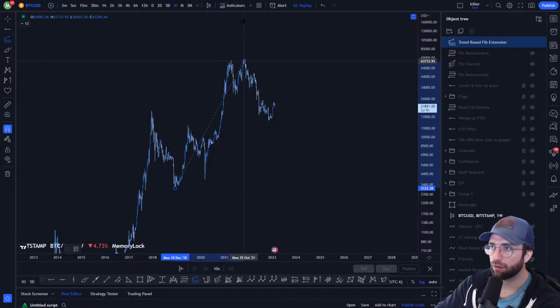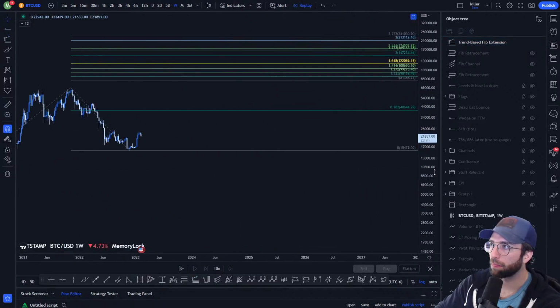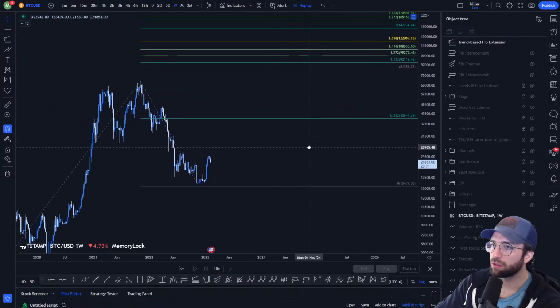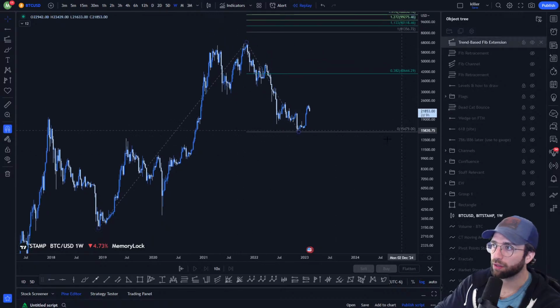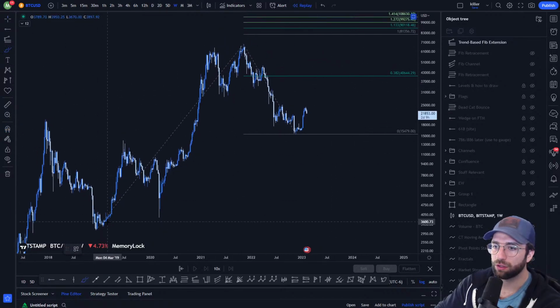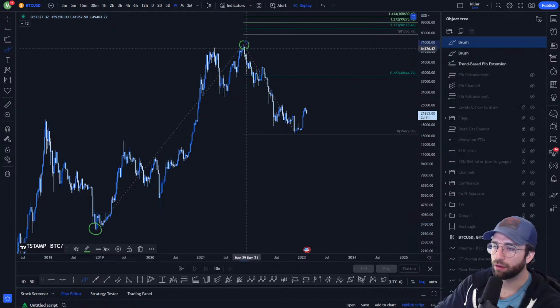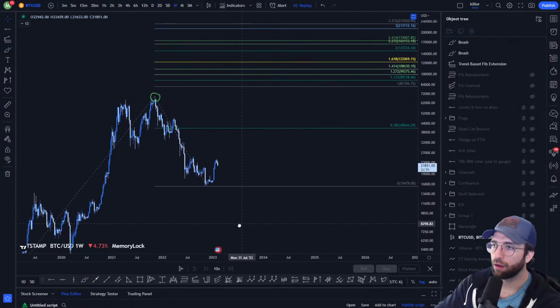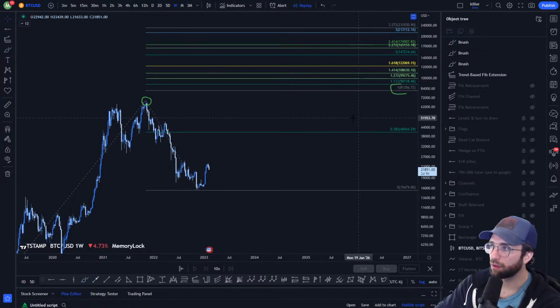That is the low for the bear market. If we were to do a 1-to-1 extension of our last bull market, so if we were to do this exact run, that would put us at 81,356.